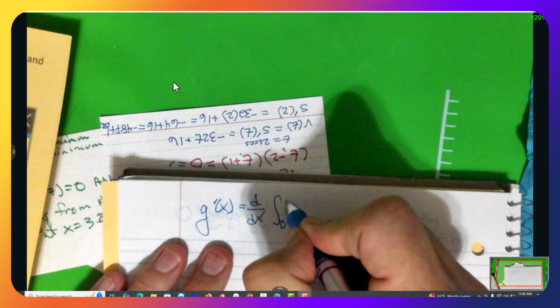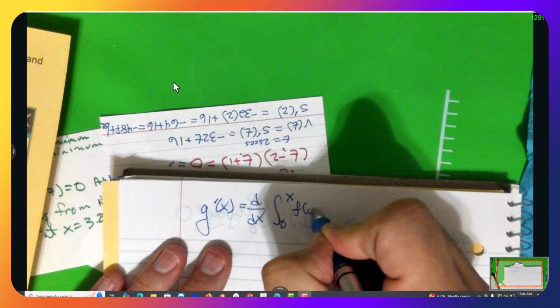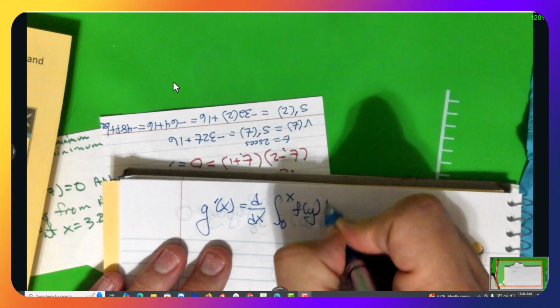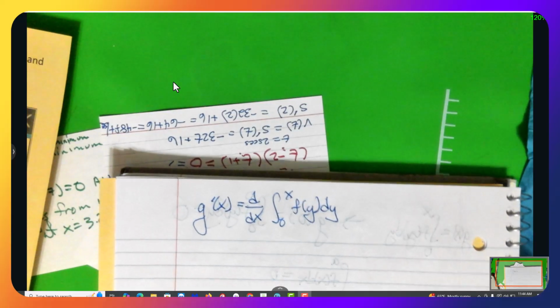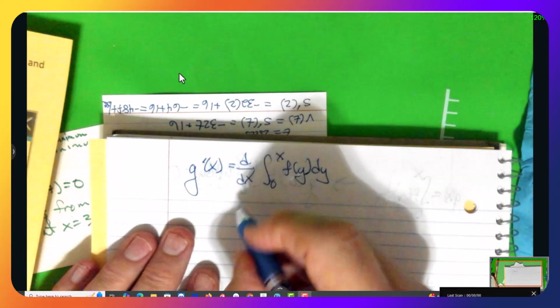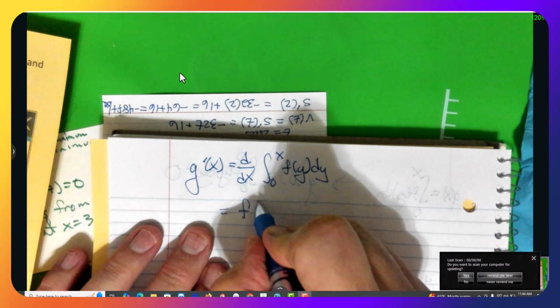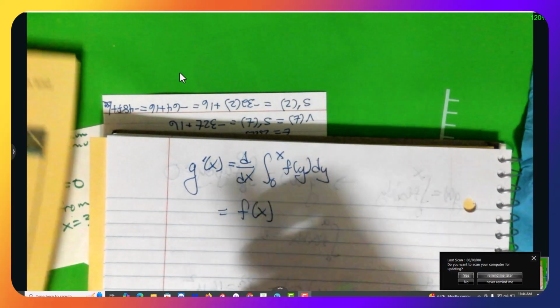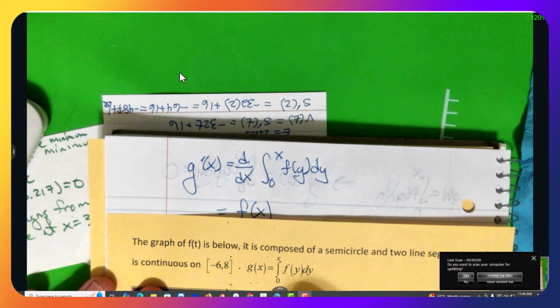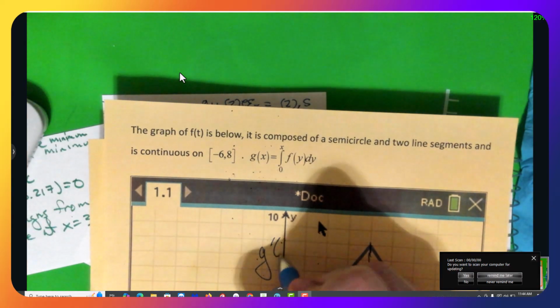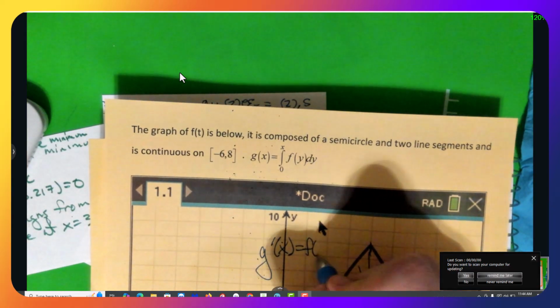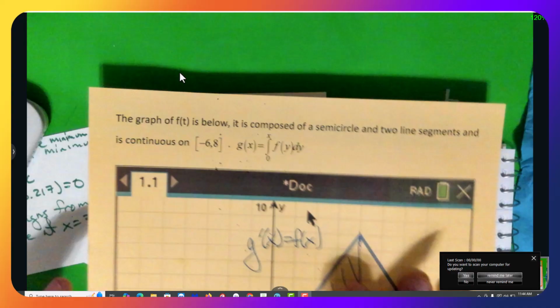So please write this down. I'll start putting other things later on. So for us, that's f of x. So I'm going to come over here and say g prime, and this is a habit you may want to get into. So I need to find the critical values of g prime.